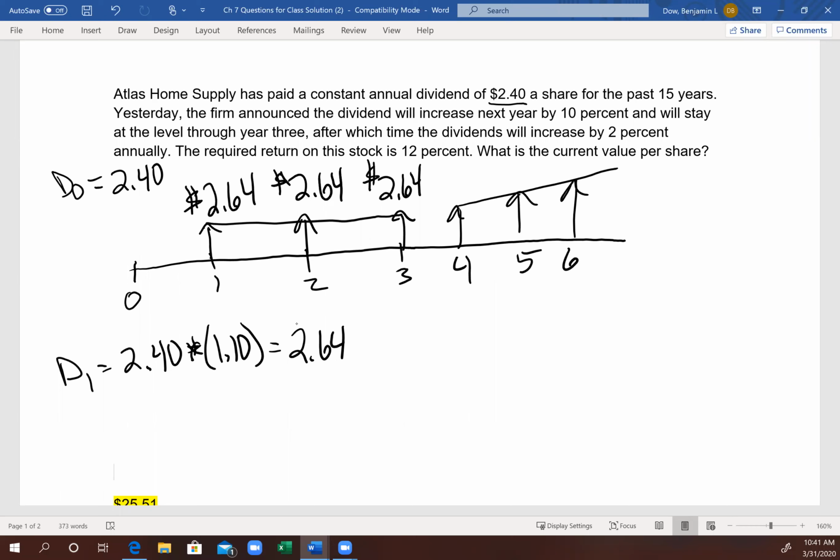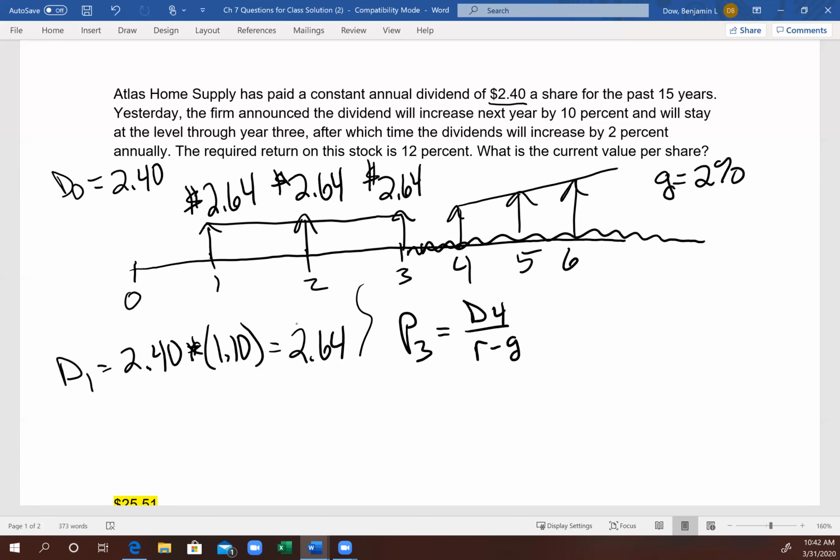Now we have growth that's constant at 2%, and we really need to find the horizon value at the beginning of when this is occurring, the beginning of year 4, which is the same as the end of year 3. So in order to find the dividend in year 4, we need to know the dividend in year 3, and we're going to grow it at 2%.